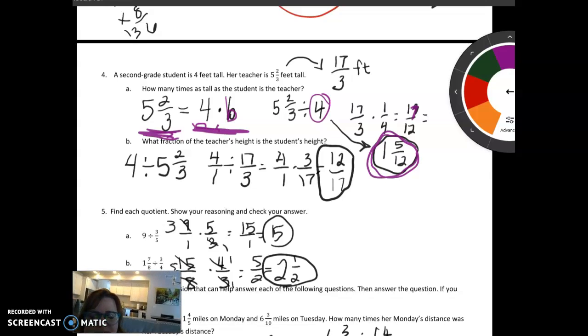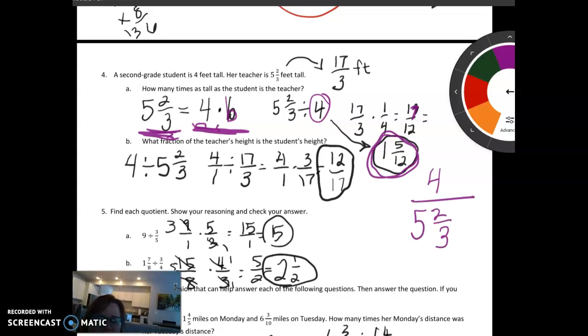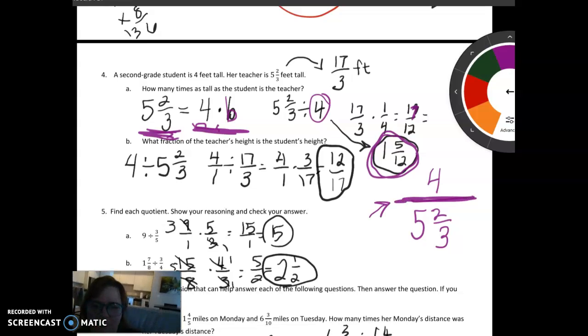All right, this second part of it flips it around a little bit. What fraction of the teacher's height is the student's height? Well, the student is 4 feet out of the teacher's 5 2/3 feet. So if you write it this way and remember that our fraction bar means division, you can go ahead and make your division problem: 4 divided by 5 2/3.